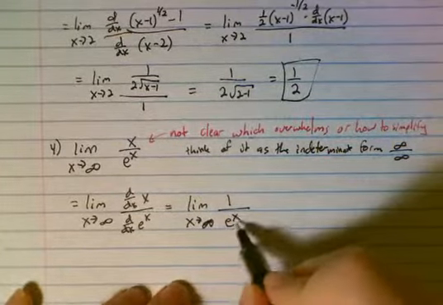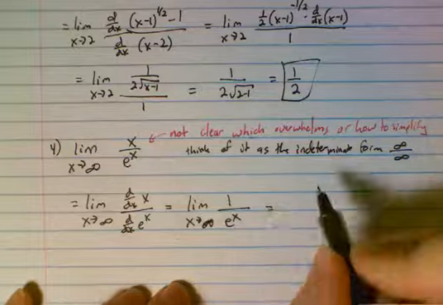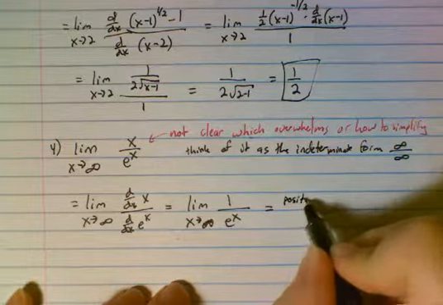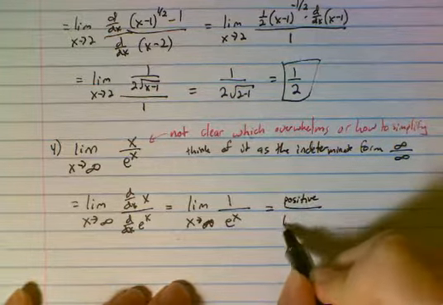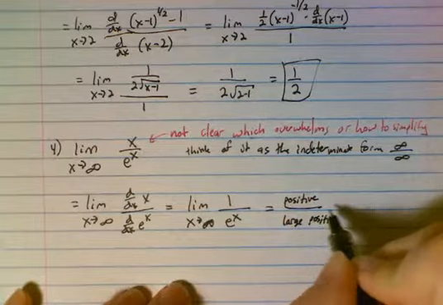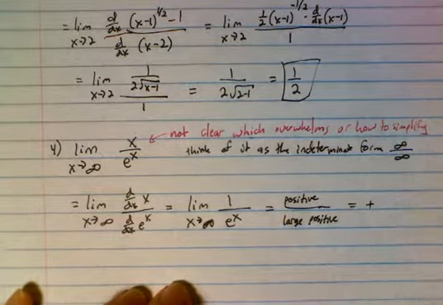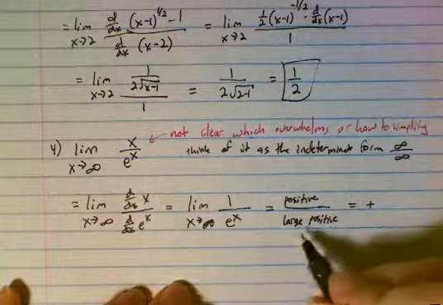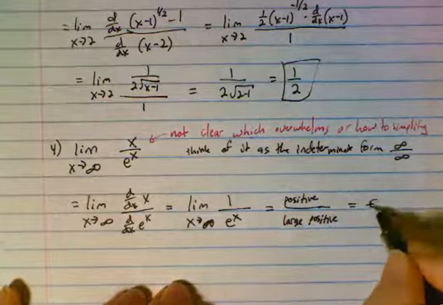And now we're looking at, as this gets very, very large, a positive number over a large positive. Positive divided by a positive is a positive. Any number divided by a very, very large number is going to get closer and closer to 0.